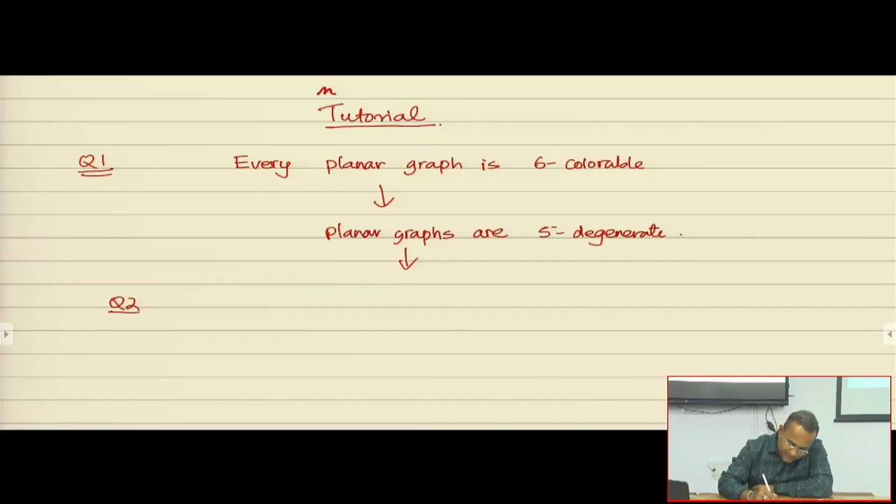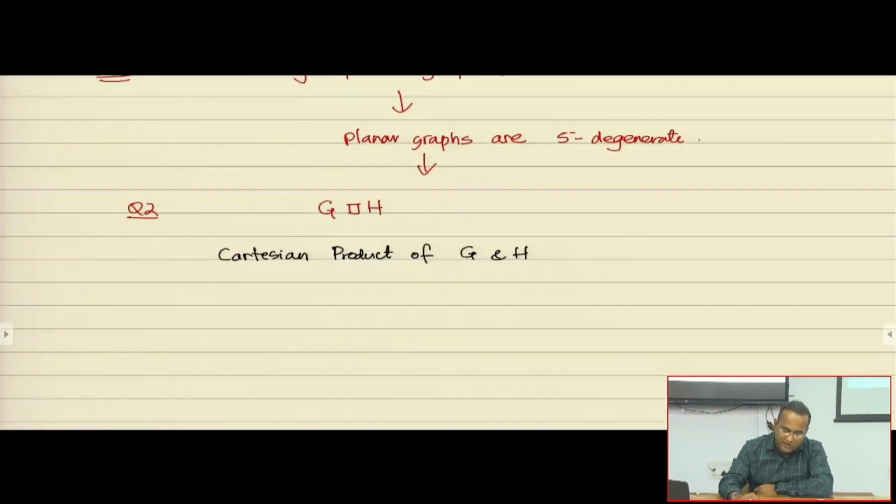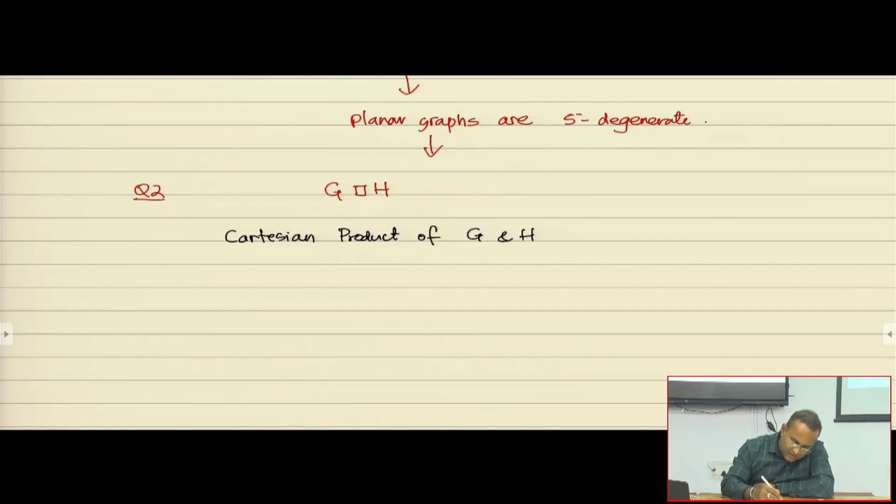So have you heard of this thing, the Cartesian product of graphs? Let me define the Cartesian product of graphs. The product of G and H, how is it defined?